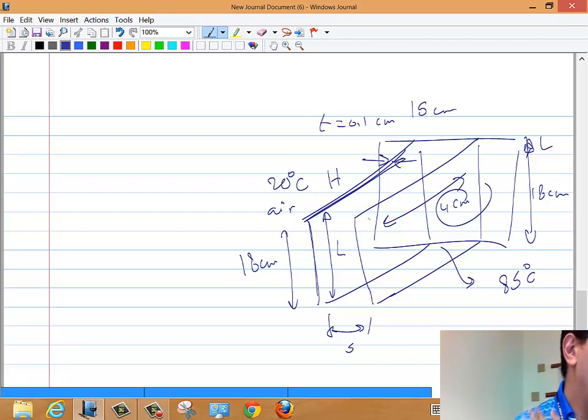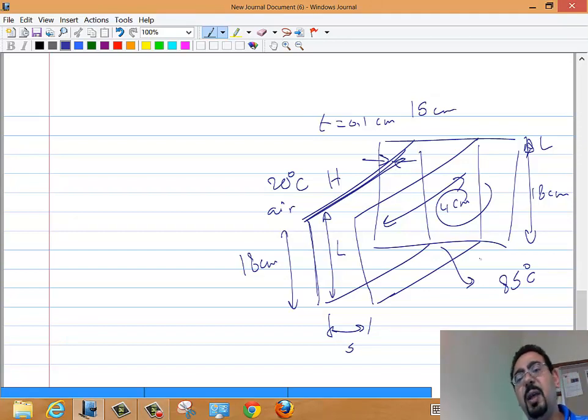So he assumed that the base is at 85. Of course you remember from chapter 3 when we were dealing with fins, we know that the farther away you get from the wall, the lower the temperature would be, right?